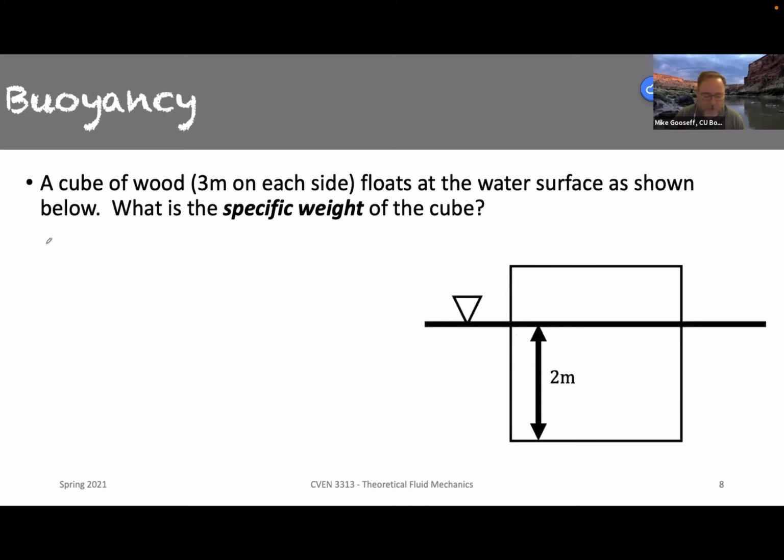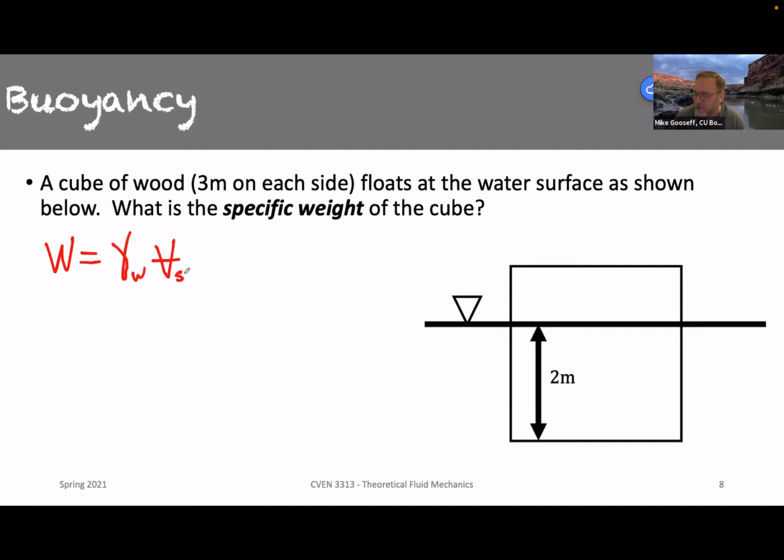So we know that the weight of the cube is equal to the water that it displaces, right? That's how we get to this. This is how buoyancy works, right? So the weight of the cube is equal to the specific weight of the water multiplied by the volume of the water that the cube displaces.